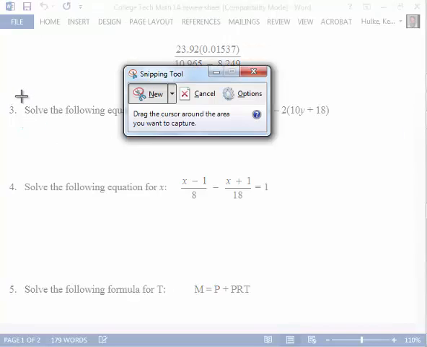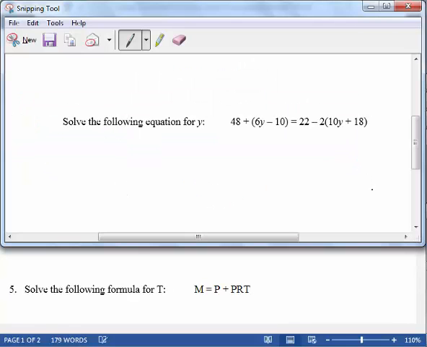Next one. Solve the following equation for y. Okay, the first thing that you want to do is remove the parentheses. So 48 plus 6y minus 10 equals 22 minus 2 times 10 is 20y minus 2 times 18 is 36.